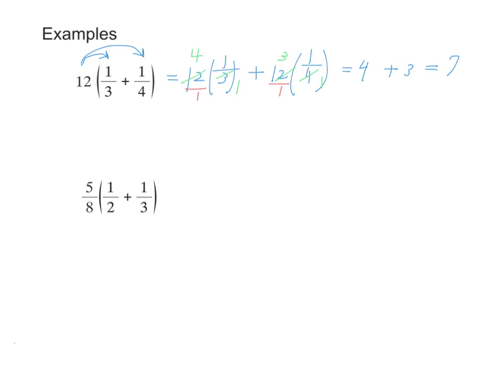Here again, in this next problem, we could go ahead and distribute the 5/8, or you could simplify what's inside first. Let's do something different on this one. Let's actually do the simplification in here first. I'll need a common denominator, which in this case will be 6.